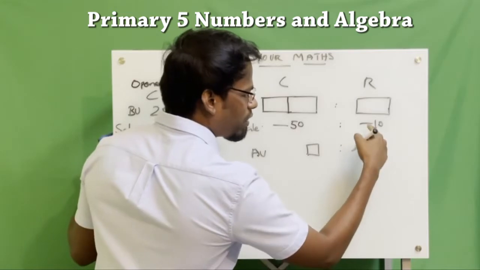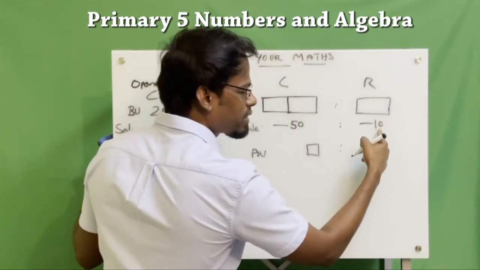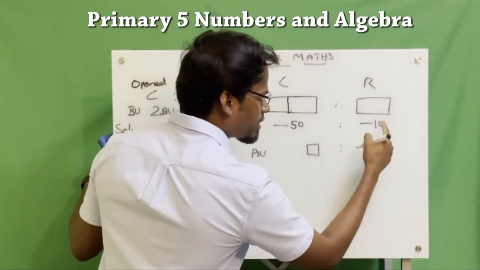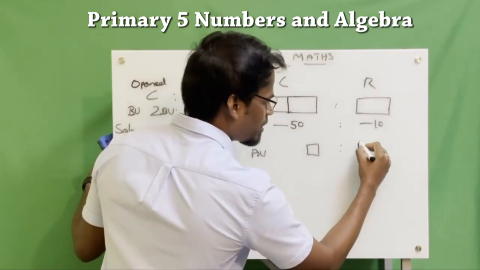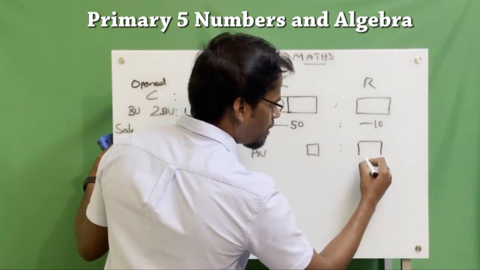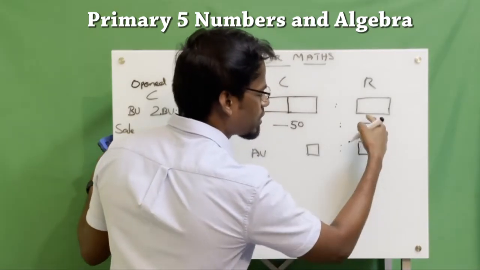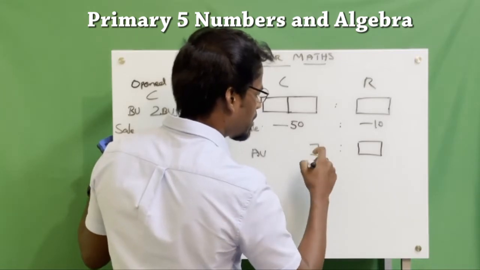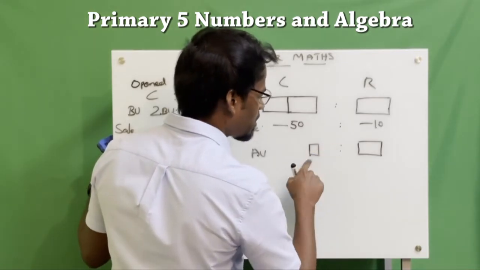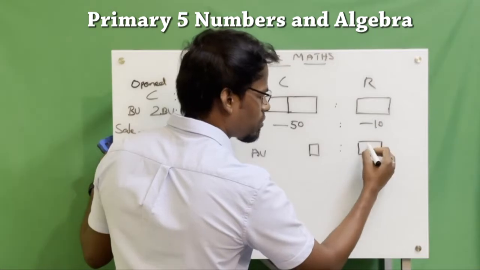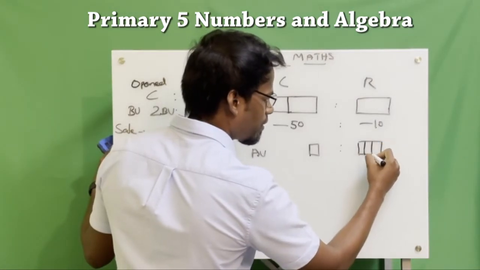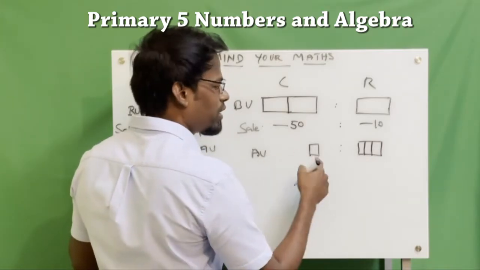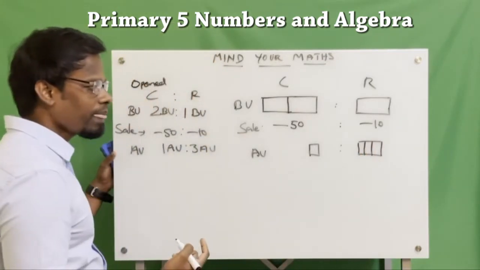Whatever was left is obviously less than this unit, so we write it a little smaller to represent that there was a sale. This unit is 1, and then this unit was 3 after sale.